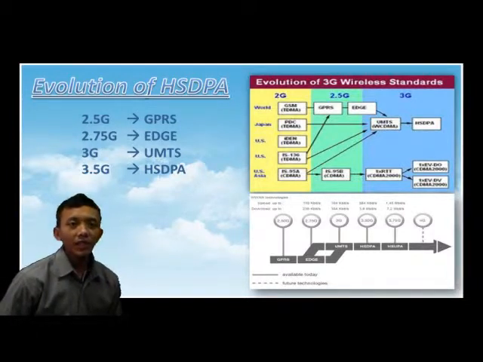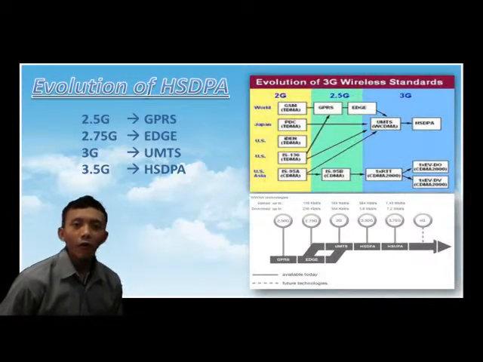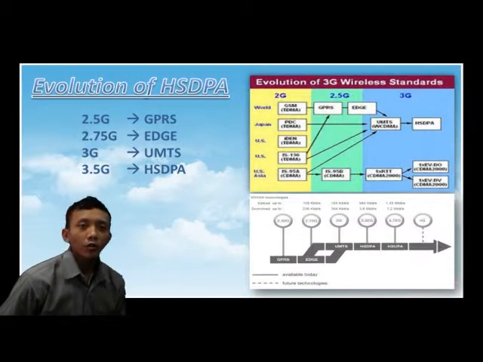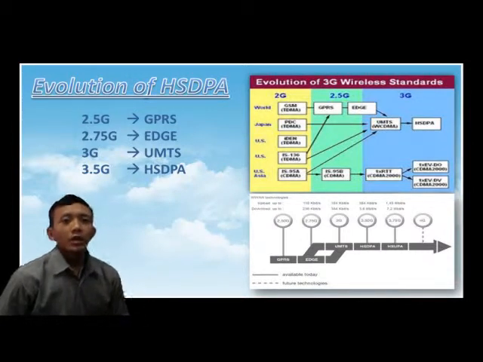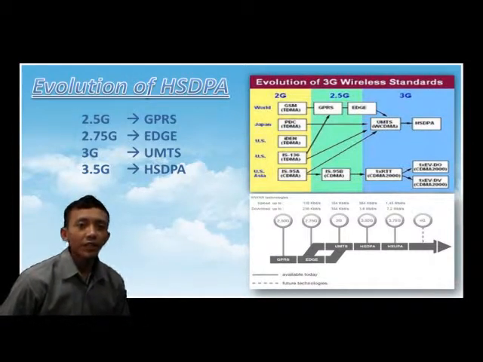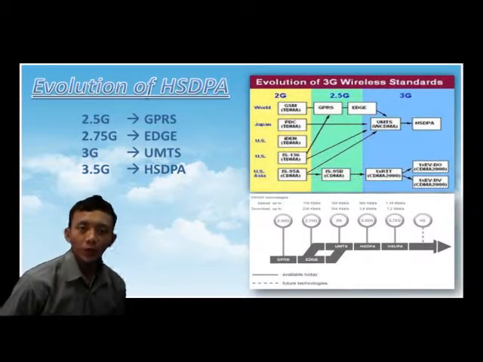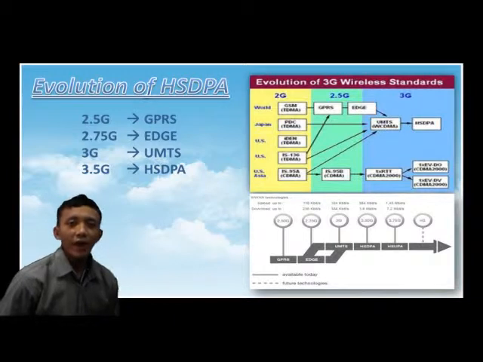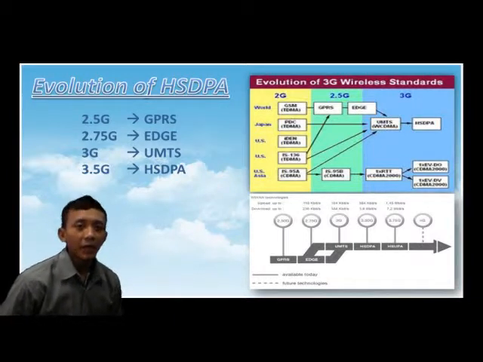Once UMTS is implemented, it will pave the way for HSDPA development. HSDPA provides a smooth evolutionary path for the Universal Mobile Telecommunication System, or UMTS, for higher data rate and higher capacity, in the same way as enhanced data rates for GSM evolution did within the global system for GSM.